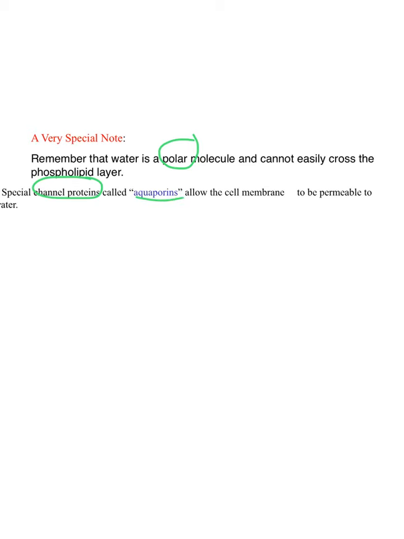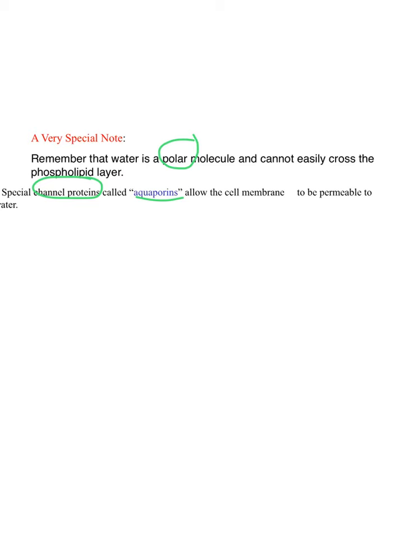If the aquaporins aren't there, water can't get into the cell or out of the cell. However, here's the cool thing. All the cell membranes that we're going to look at have aquaporins. They have channel proteins that will allow water to enter or leave the cell.